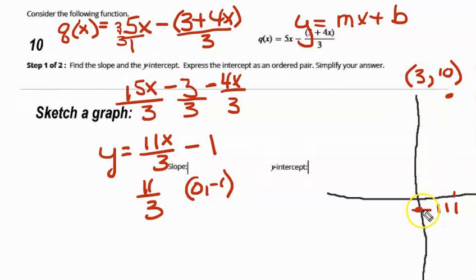That second point. And that's all you have to do is put these points in, and the graph will form. And let me just make a line here to sort of indicate what it's going to look like. It's going to be from this point over 3, 1, 2, 3, and then up 11 positive slope.